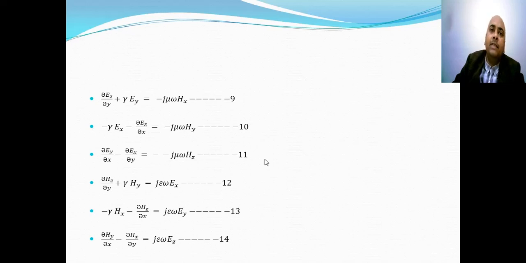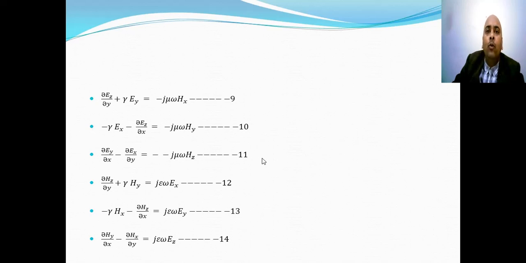That is, Ex is found in terms of Ez and Hz, Ey is found in terms of Ez and Hz components. Similarly, Hx and Hy are found in terms of Ez and Hz components. Then we will find the values of Ez and Hz, and after deriving Ez and Hz components, every value, that is Ex, Ey, Hx, Hy, can be calculated.